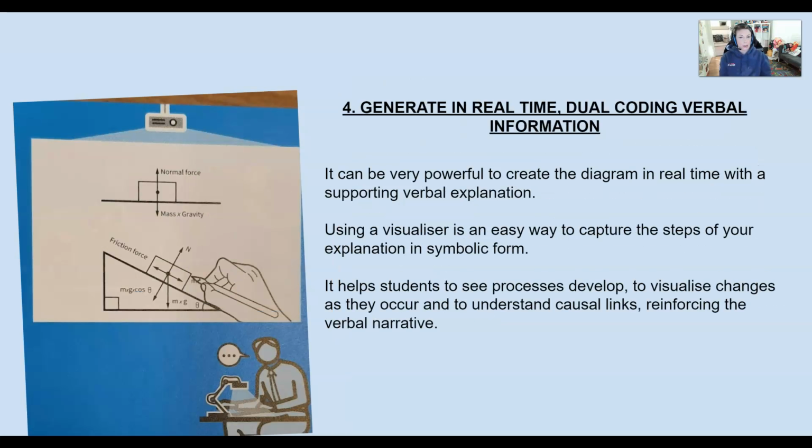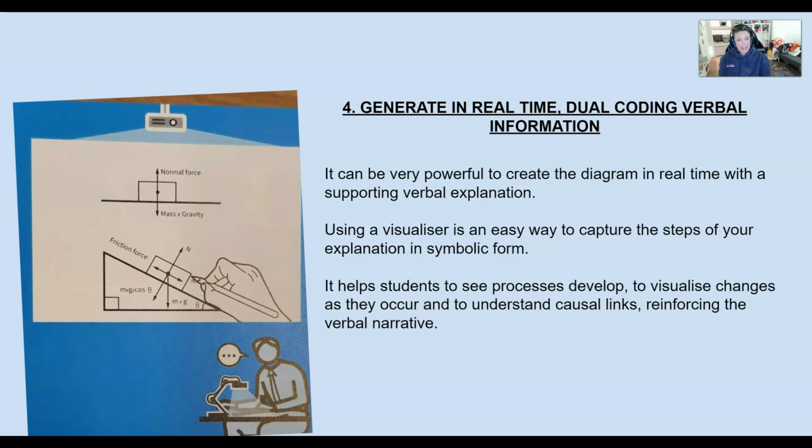The fourth part is generating in real time. This is, I think, the key part when you're linking together those two systems. So you're linking together the diagram system with the verbal information. It can be really powerful to create in real time a diagram with your supporting verbal explanation.